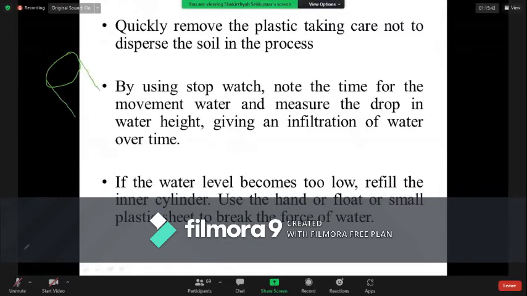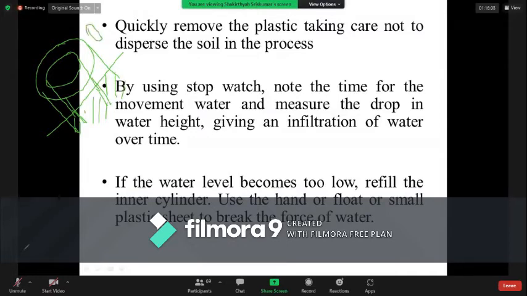So this is your inner cylinder. This is your outer cylinder. This is the soil surface. Now you fill the outer cylinder, then fill the inner cylinder. Now you can start the stopwatch.